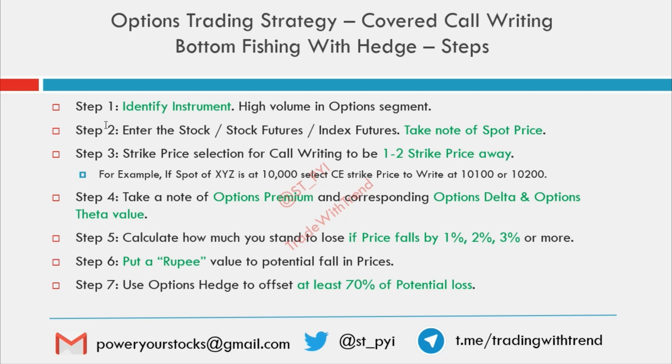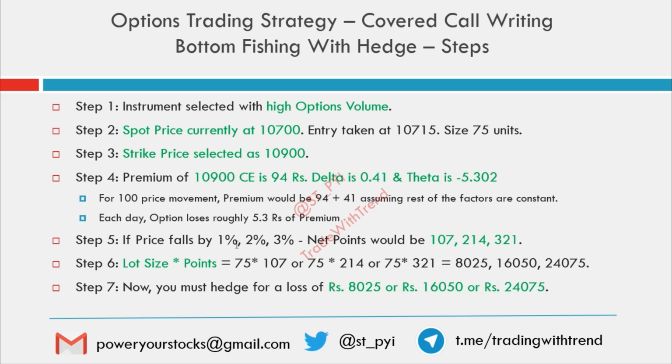So I hope these steps are clear to you both in theory form and in a practical example form. In case you have not understood this, just pause the video, go back to the previous slide and watch this again, because your understanding of these two particular slides is absolutely crucial for you to execute this covered call writing strategy in terms of a hedge for your overall position.